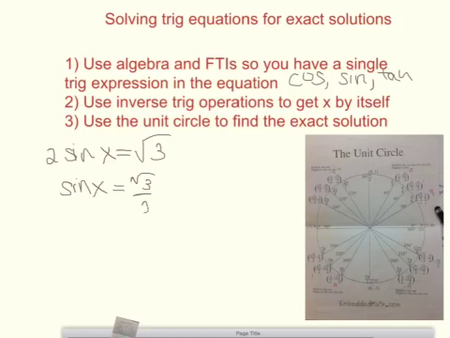Since that is what we did to get x by itself, we divide by 2. So that is step number 1. Then we use inverse trig operations to get x by itself. So we take arc sine, which is sine inverse, of sine x equals sine inverse of square root of 3 over 2.